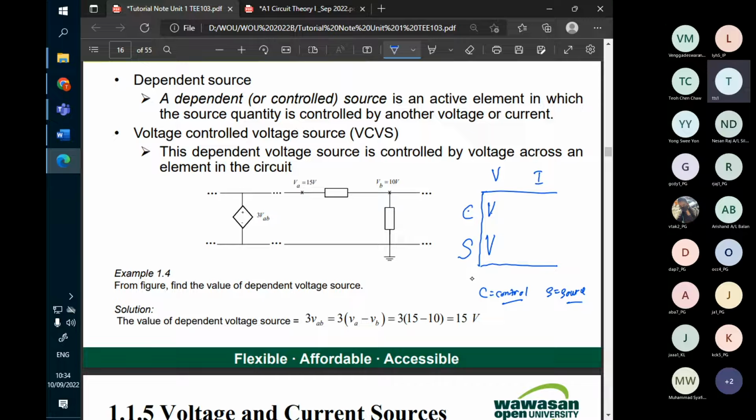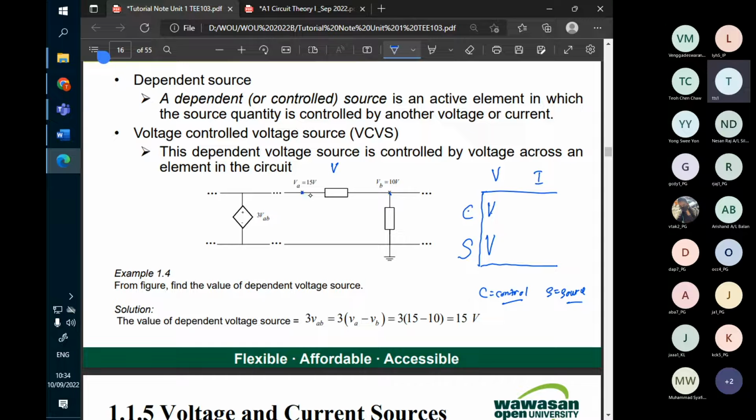The first one. What it means is that you have this voltage here. Like I said, the voltage is always defined as the potential between 2 points, right? So the voltage at this node is 15 volt. The voltage at this node is 10 volt.